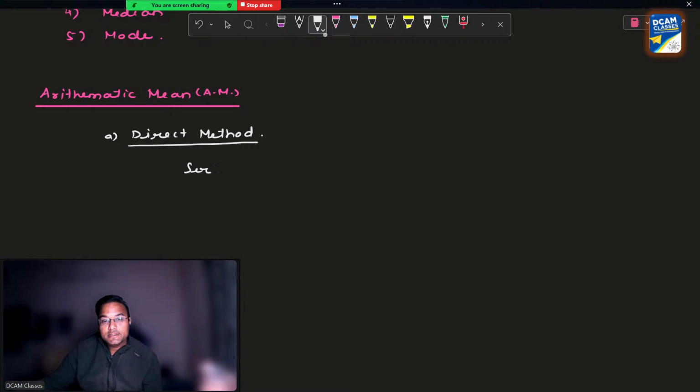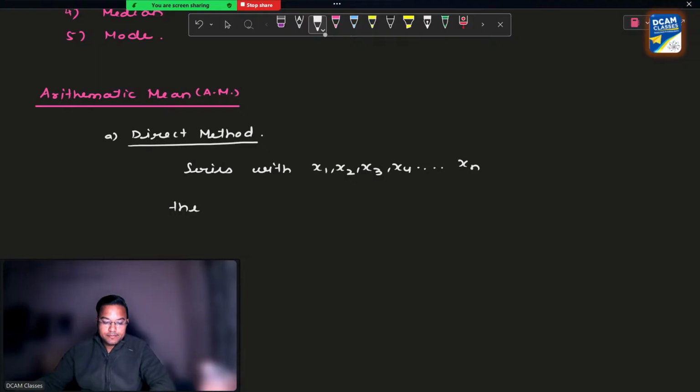Direct method: if there is a series with x1, x2, x3, x4 up to xn, then the mean is the sum of the series divided by the number of terms.